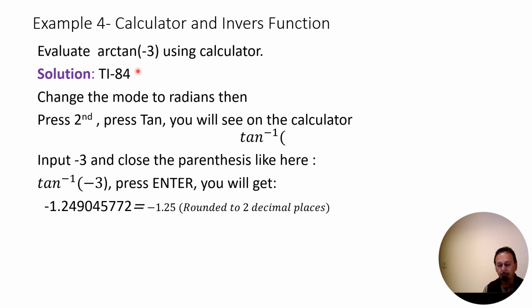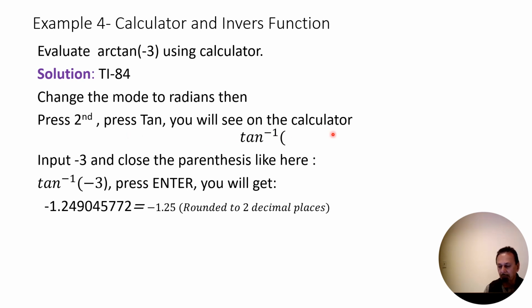So example 4. We're going to evaluate arc tangent of negative 3 using a calculator. Let's say a Texas Instruments 84, the 83 works the same way. First, change the mode to radians. Then press second and then press 10.